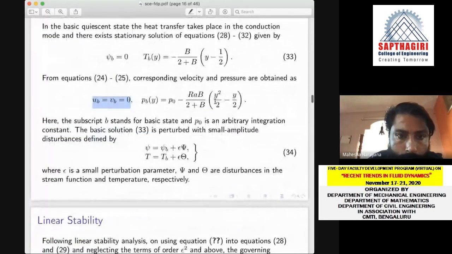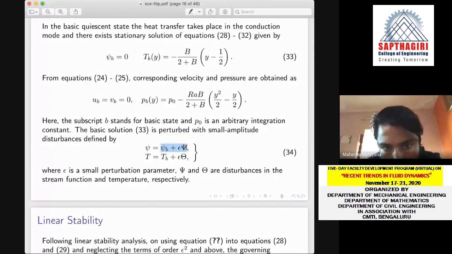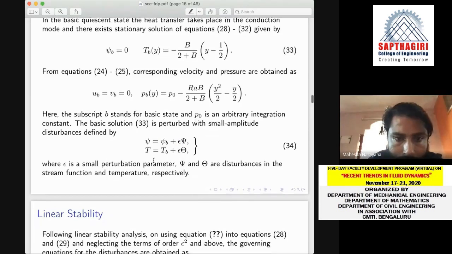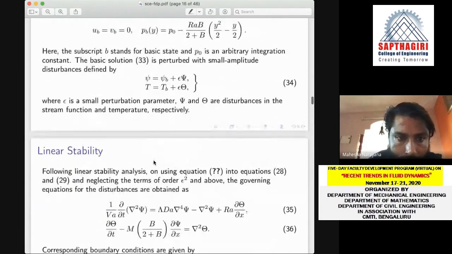And yeah, we disturb this system by a small perturbation. The stream function is written as the basic state stream function plus epsilon psi, and T is written as T naught plus epsilon theta, where epsilon is a small number which is known as the perturbation parameter, and psi and theta are the perturbations on the stream function and the temperature respectively.